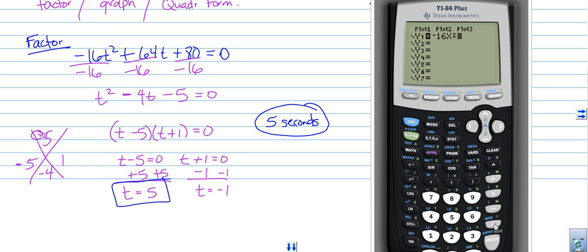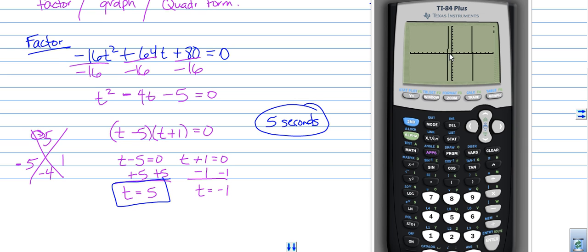And then you have plus 64t, and then plus, what was that, 80. Okay? And then you'll go down here, and you'll put 0 in, okay? Because we're looking for our zeros. So it's equal to 0. Okay? Then you'll hit second trace, which is to calculate, and we want to know where it intersects. Okay, so we'll go down to the intersect button.